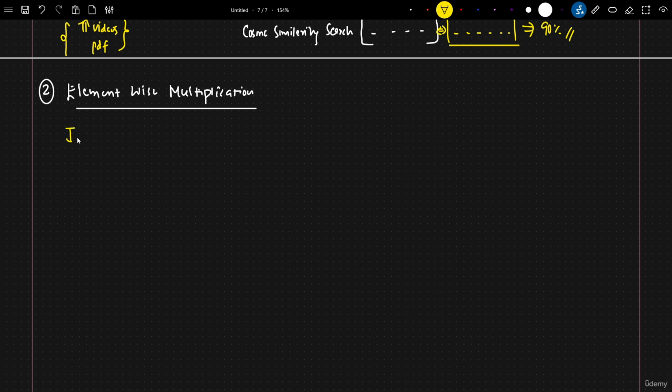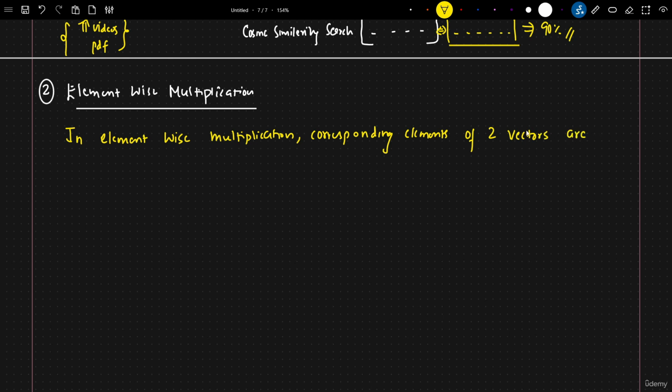So in element-wise multiplication, corresponding elements of two vectors are multiplied to form a new vector of the same dimension.